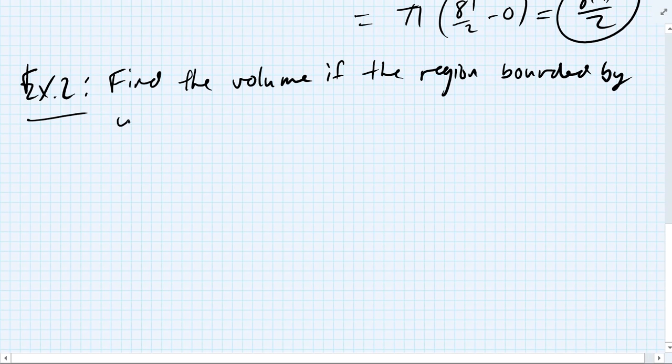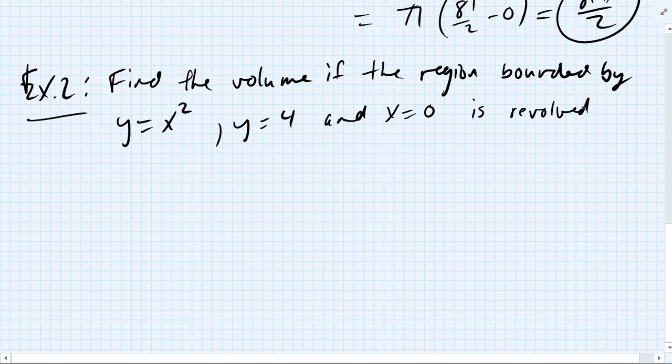Y equals x squared, is that my other favorite function? Y equals 4 and x equals 0. Is that the y-axis? That region is revolved around the y-axis.